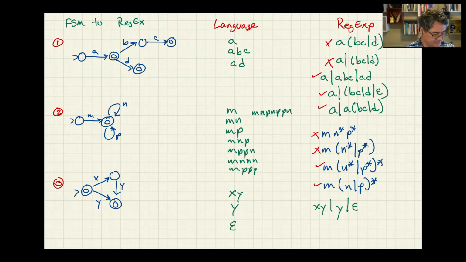I did x or y and then in parentheses star, because then you can do 0 or as many. Oh, but the star means you can do as many as you want, and this one is either just x, y, or just y. There's no actual loops in here, although it looks like there are. Is there a way to do this one without epsilon? I don't think so.